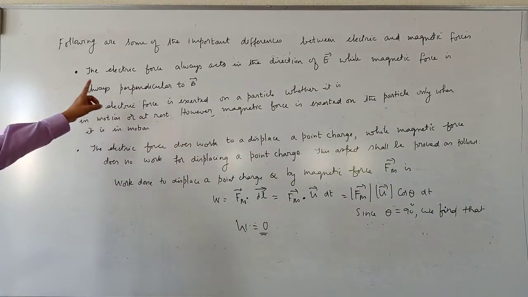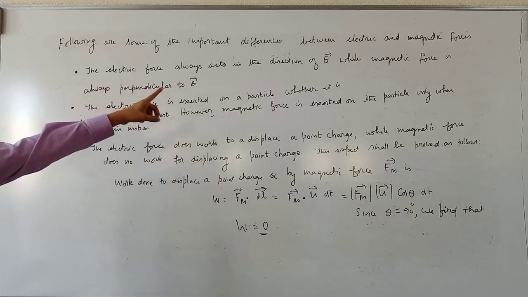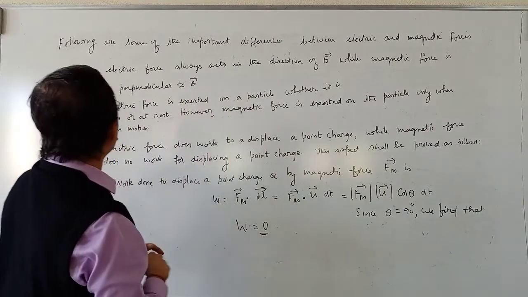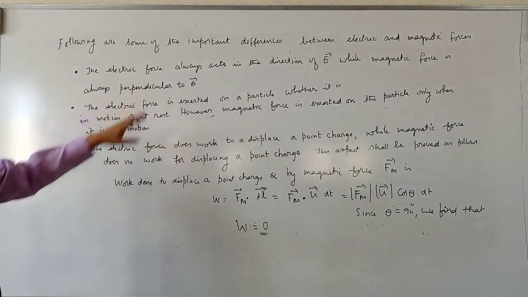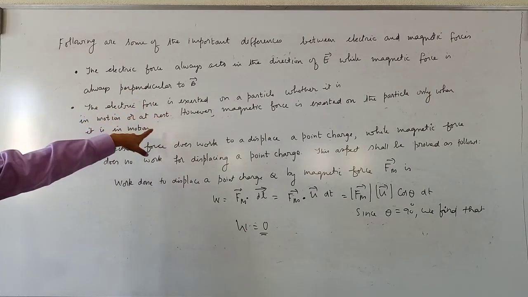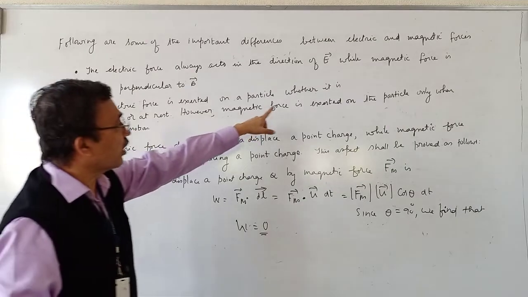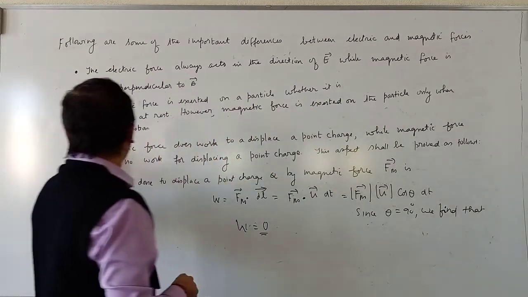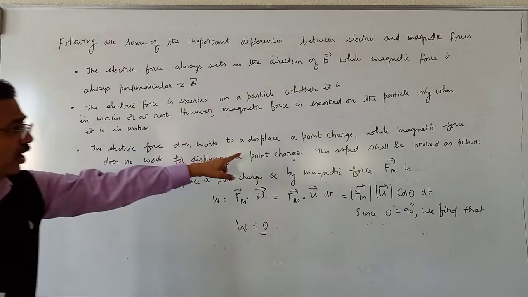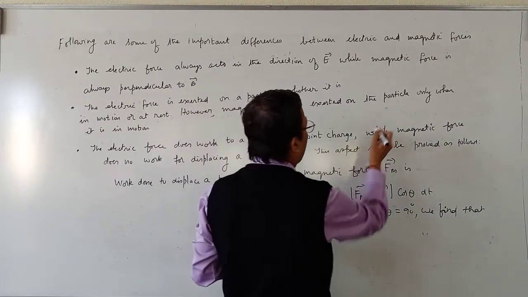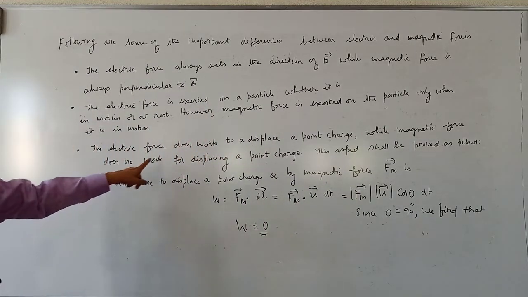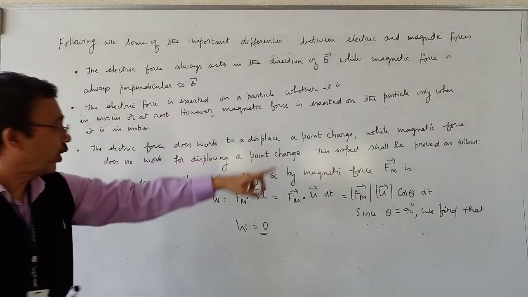Let me read out. The electric force always acts in the direction of vector E, whereas magnetic force is always perpendicular to vector B. The electric force is exerted on a particle whether it is in motion or at rest. However, magnetic force is exerted on the particle only when it is in motion. The electric force does work to displace a point charge, while magnetic force does no work for displacing a point charge. This aspect shall be proved as follows.